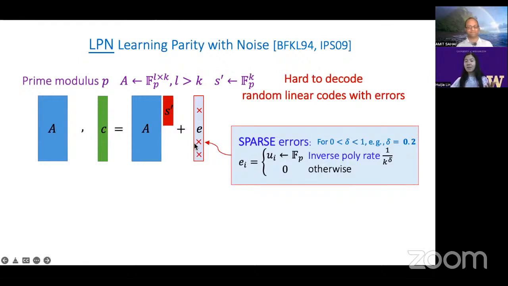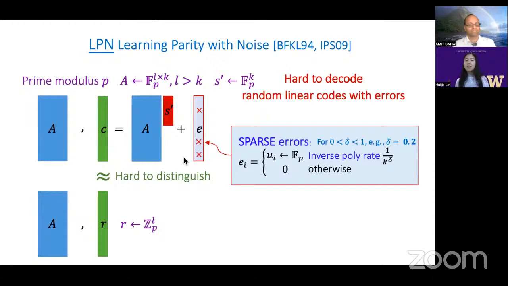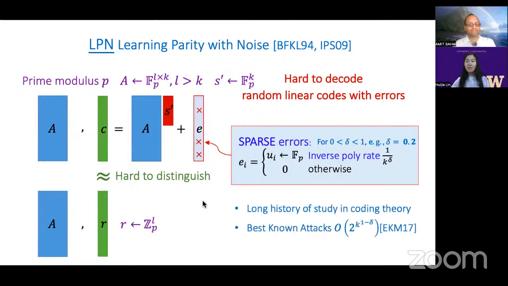And when it is non-zero, it is chosen completely randomly from the field FP. Now, once C is corrupted with this very sparse error, it becomes hard to solve for S prime. In fact, it is further shown that this implies that C will appear hard to distinguish from simply a random vector R. This is a problem that has had a long history of study in coding theory, and so far the best known algorithm requires sub-exponential time in order to solve for S prime given C.